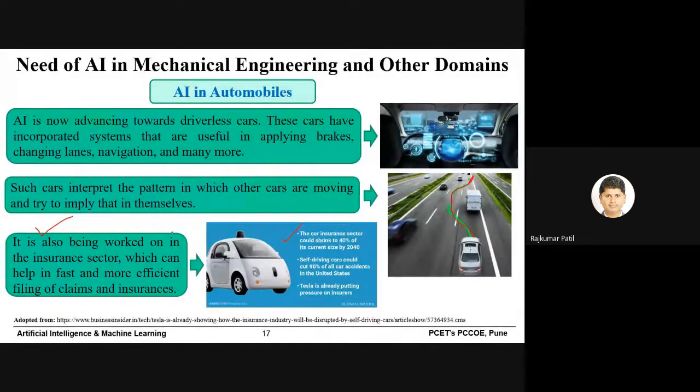On the other side, if your driving is very good and you are following all the rules and regulations, then you also get the benefits. The same will be recorded on your driving license as well as insurance, and your premium amount will go down. So this is how AI is used to complete the loop.